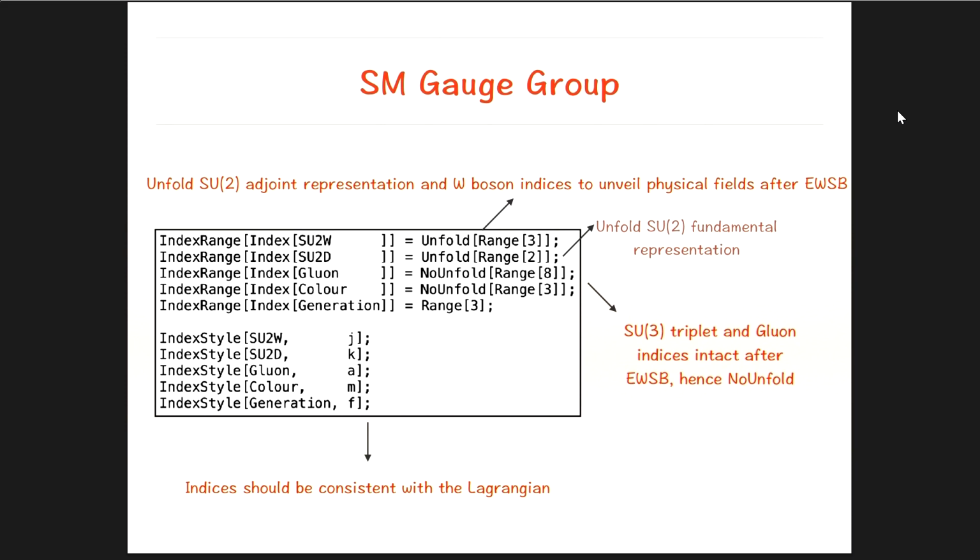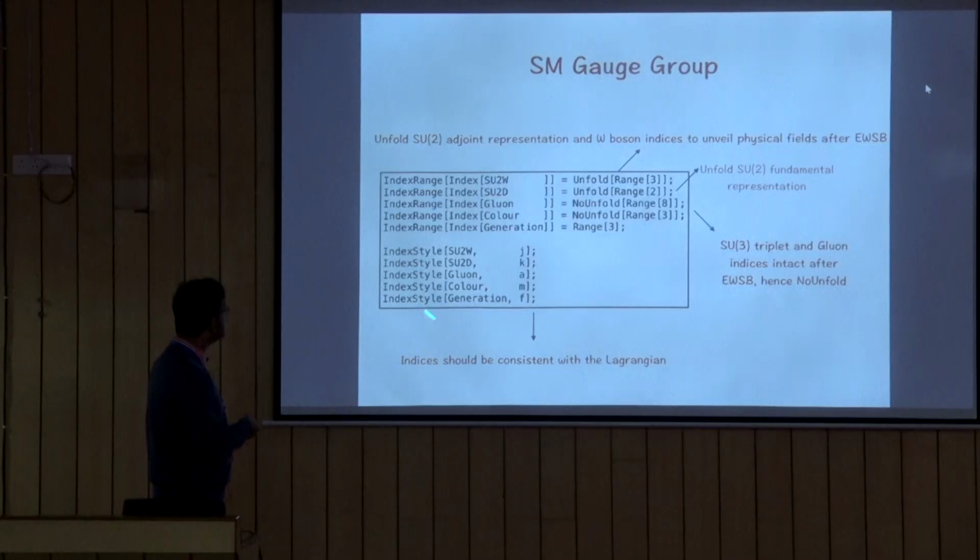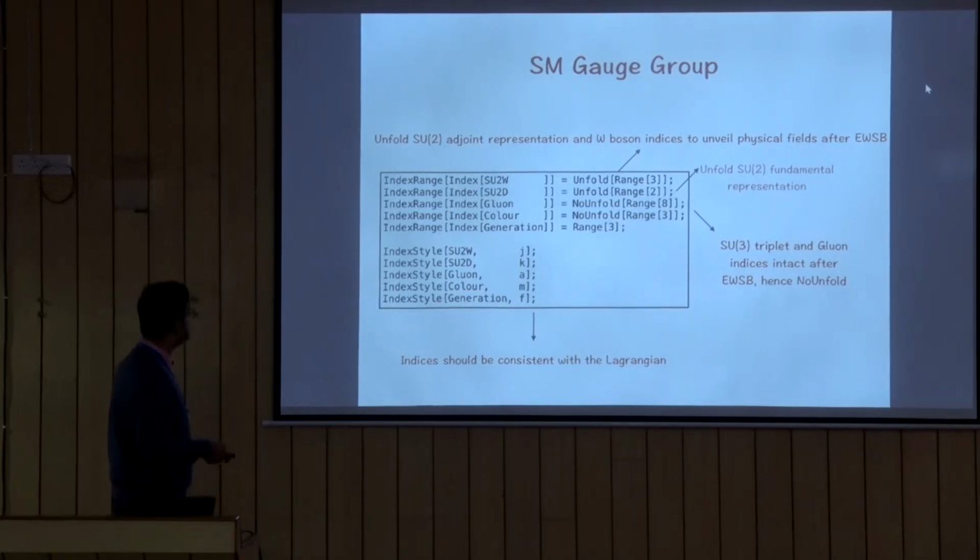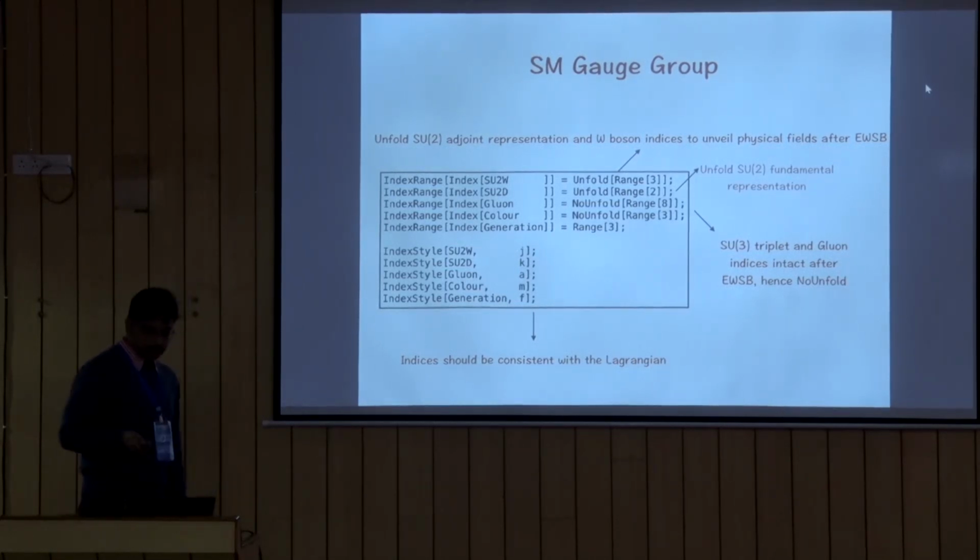For gluons, A runs from 1 to 8, for color M runs from 1 to 3, and then there are generation or flavor indices. However, while writing the interaction terms in the Lagrangian, we had better be consistent with the indices that we define here.